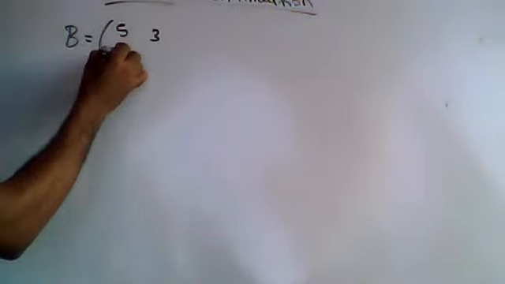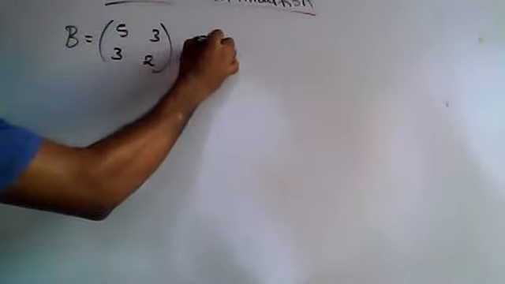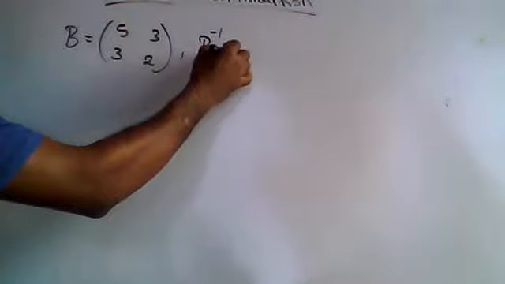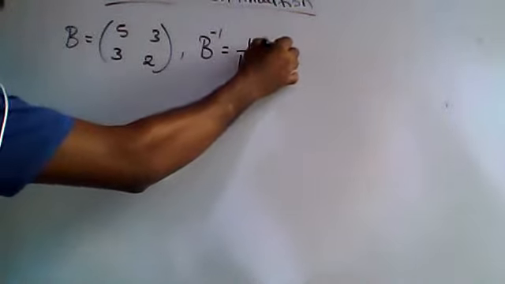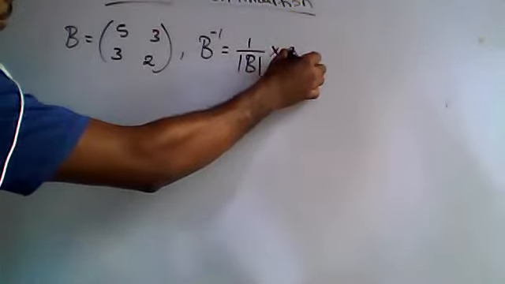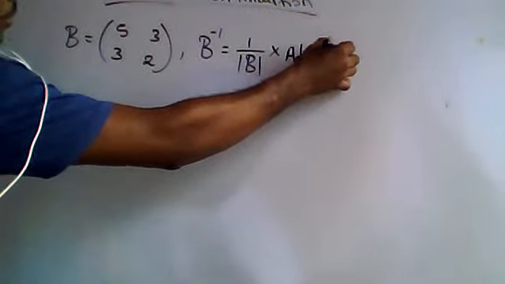So with the past paper question, it says B is 5, 3, 3, and 2. And so we're supposed to find B inverse. Now, B inverse is equal to 1 over the determinant of B multiplied by its adjoint. Get that?